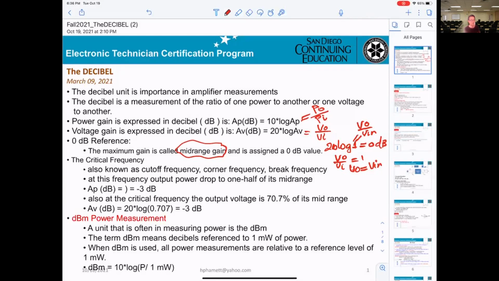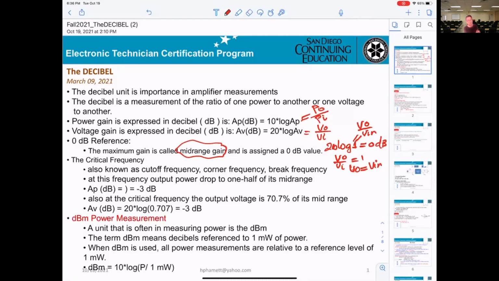Normally outside, you never see any decibel. However, when you're working in electronics, especially in RF, radio frequency equipment, they will measure in decibel. Then you must convert back into the real value.